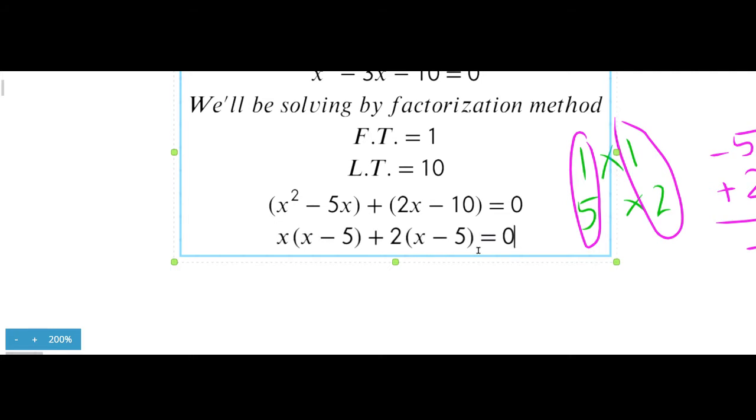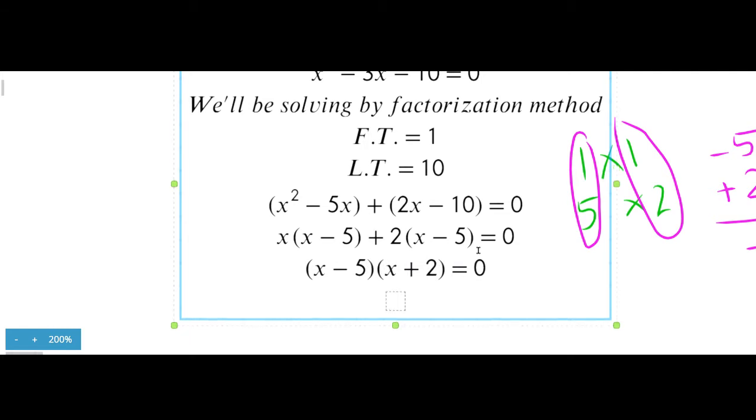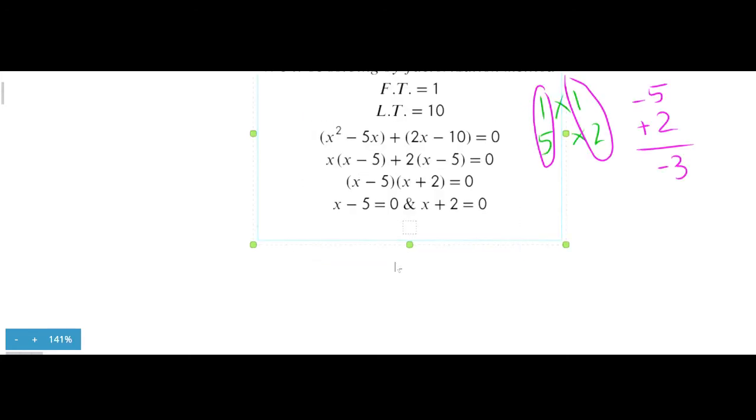So this can be further written as x minus 5 and the other bracket x plus 2 is equal to 0, which leads you to the solution that x minus 5 will be equal to 0 and x plus 2 will be equal to 0. Now we will be solving these separately. Let's go with x minus 5 is equal to 0 first.